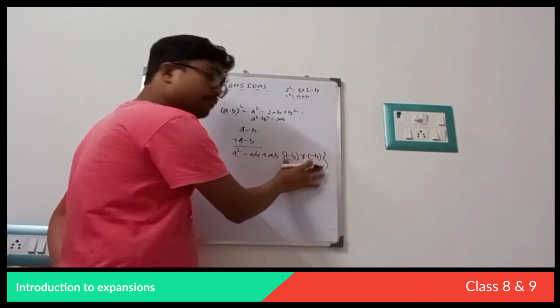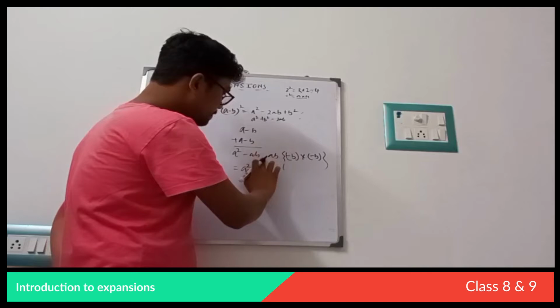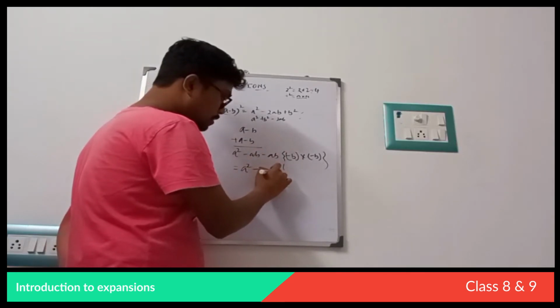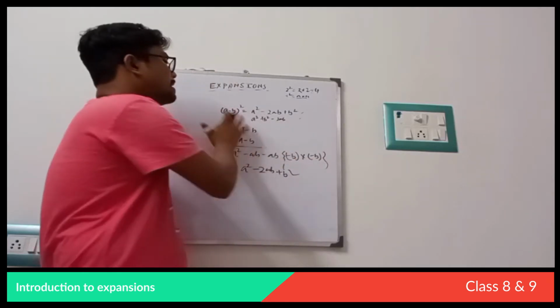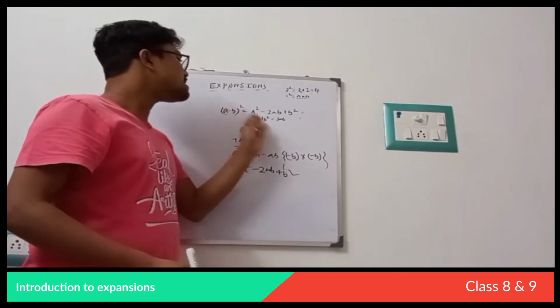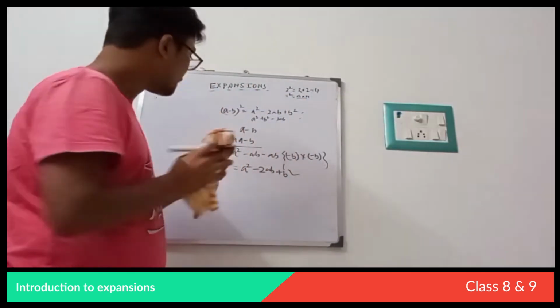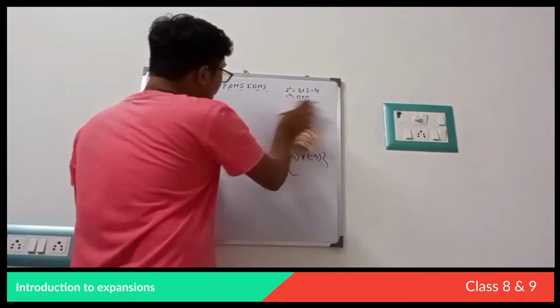Fine. If I use a second bracket, then what happened? A square minus ab, minus ab becomes minus 2ab, and minus b into minus b becomes plus b square. In this way, we get a minus b whole square equal to a square minus 2ab plus b square. Fine. Okay, these two formulas we checked.